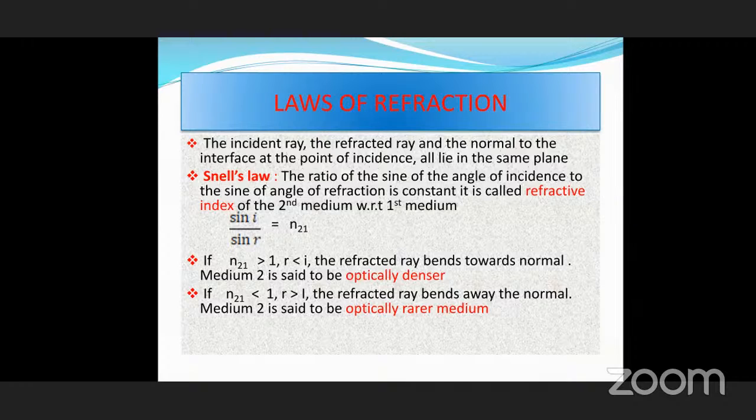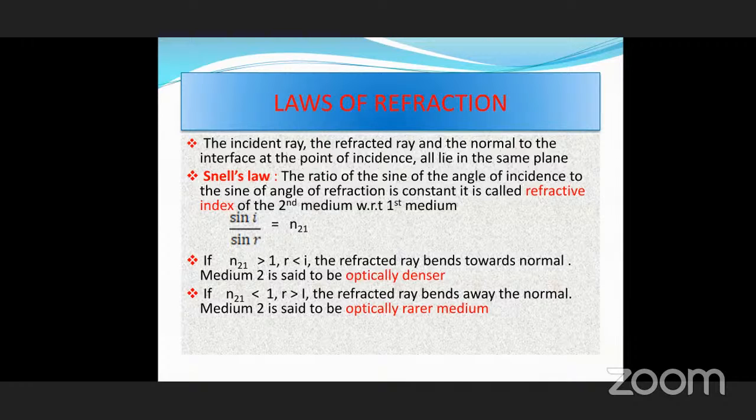So R, the refracted angle, is less than the incident angle. According to the ray diagram, the refracted ray bends towards the normal. When it is nearer to the normal, the angle between normal and refracted ray decreases. So R is less, I is more.